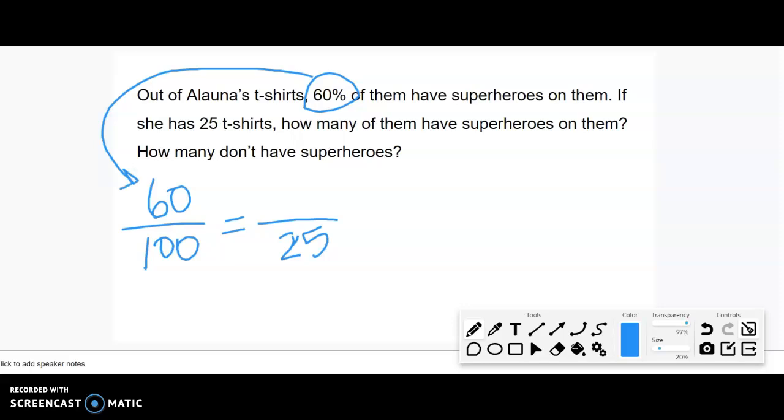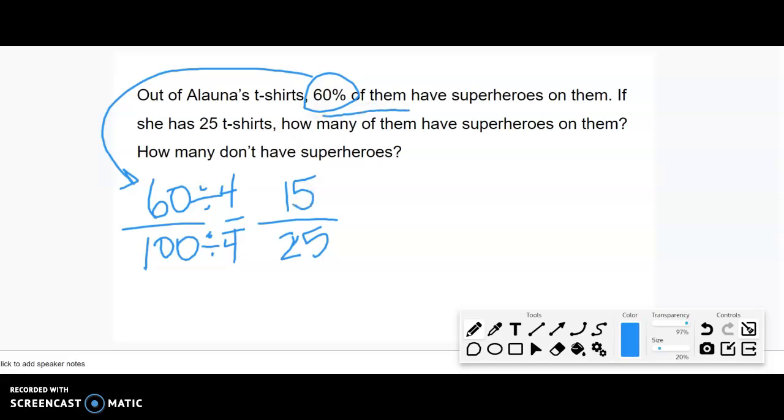So we're essentially just rewriting the fraction so it's out of 25 instead, because we want to know the same sort of, it's called a proportion. It's a smaller number, but it's still the same amount relatively. So divide by 4, divide by 4. 60 divided by 4 is 15.